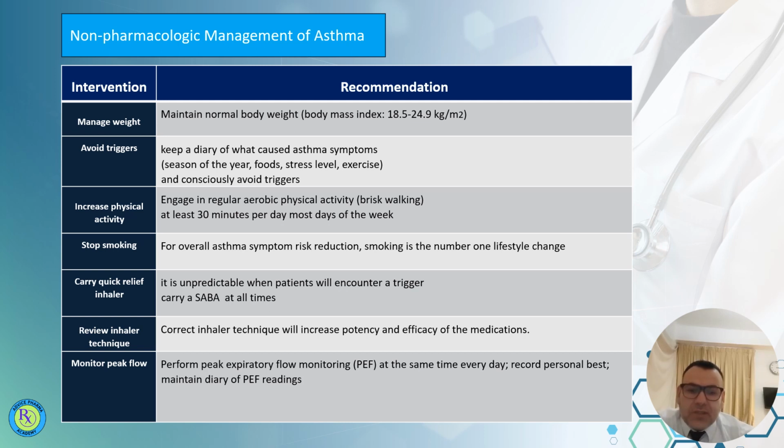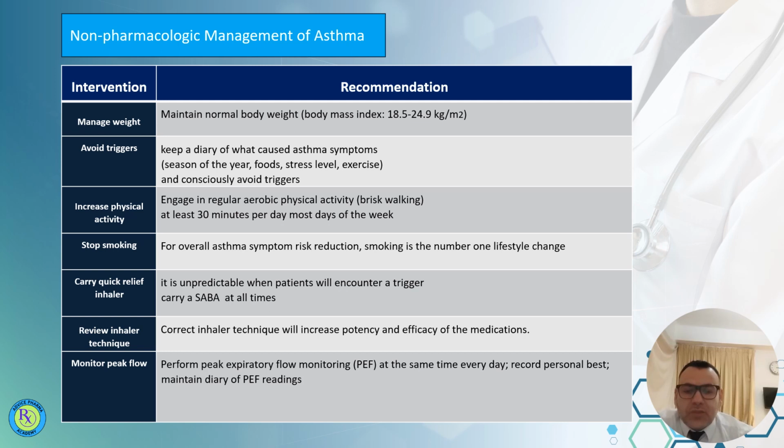Review the inhaler technique. So we need to inform the patient about correct inhaler technique, because inhalers are versatile and a lot of companies produce many devices. The patient may be confused about using the inhaler, and wrong use of the inhaler will not provide any benefit to the patient.